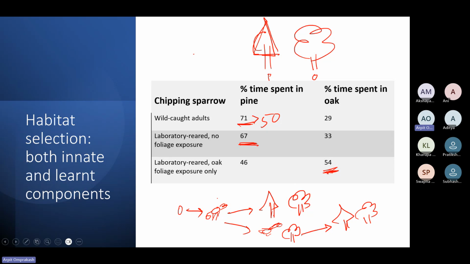So if they are shown oak leaves from their birth, they get comfortable with oak leaves, or they think that oak leaves are better to make a nest, or maybe they think, I woke up in an oak tree or near oak leaves, so probably this is what was used by my mother to make a nest, right? So something like that. They're learning something, and because of that, their preference is changing. So people have shown that habitat selection has both innate and learned components.